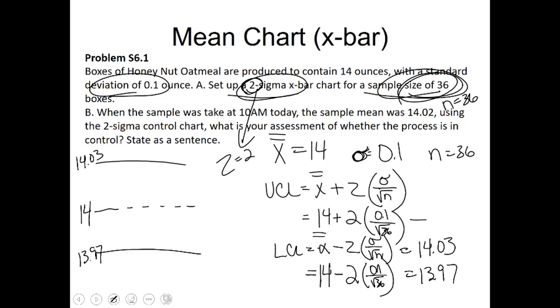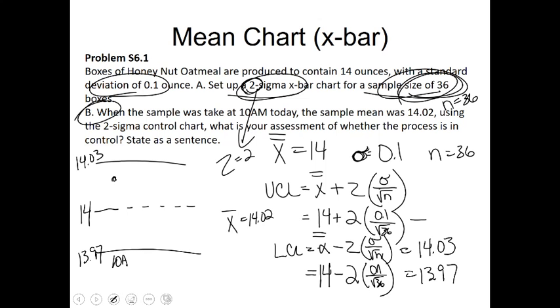These we will now use, and sure enough, part B, when the sample was taken at 10 a.m., we'll put 10 a.m. down here, the sample mean was 14.02, so the X bar, single bar, was 14.02. We plug that in, boop, right there.